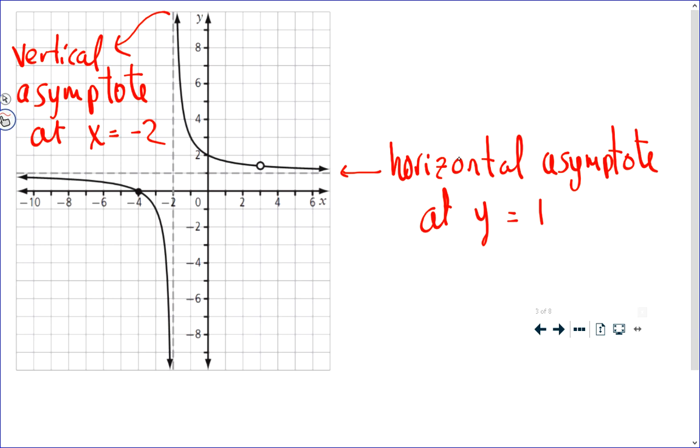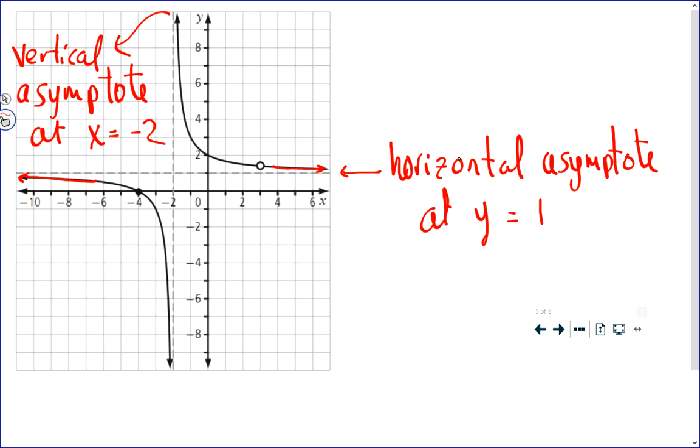The reason why the horizontal asymptote exists is that as x gets bigger, y gets closer to 1. It doesn't matter whether we look to the left or to the right. As x gets really, really big in a negative direction or really, really big in a positive direction, it will get closer and closer to having a y value of 1, but it will never reach 1.